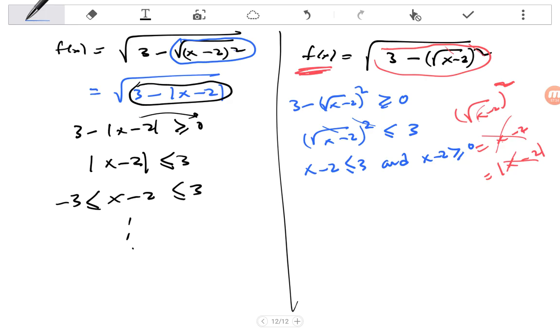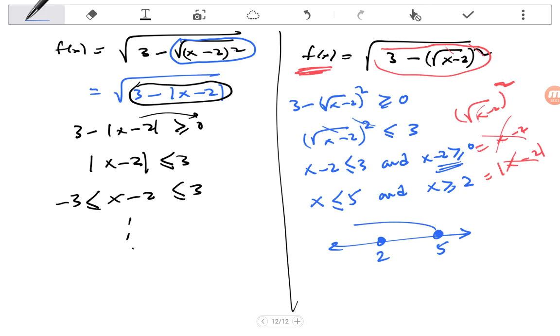Make your simplification, but don't miss the restriction that was on the expression in the first place. So I will solve this: x less than or equal to 5 and at the same time x greater than or equal to 2. I will depict that on the number line: 2, 5, so the solution is from 2 to 5.